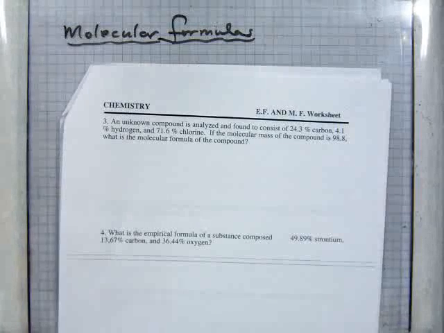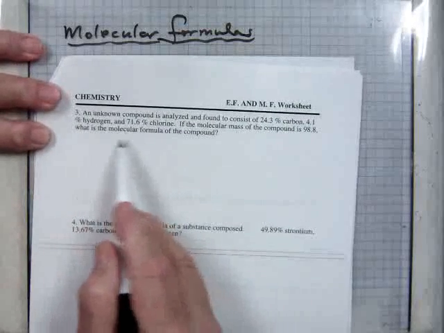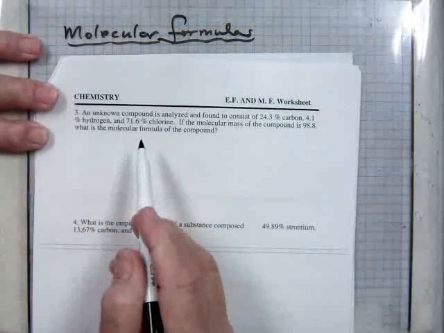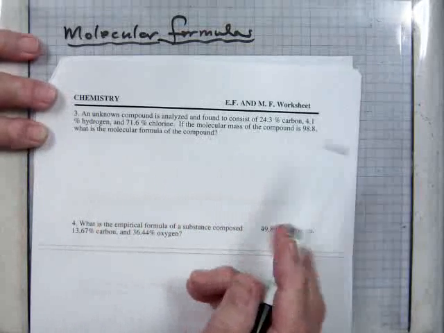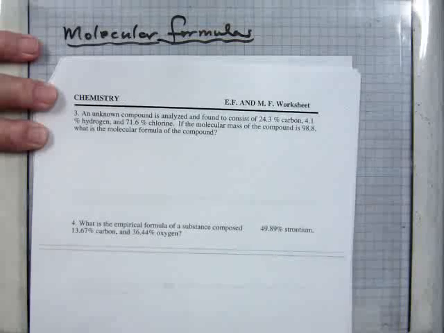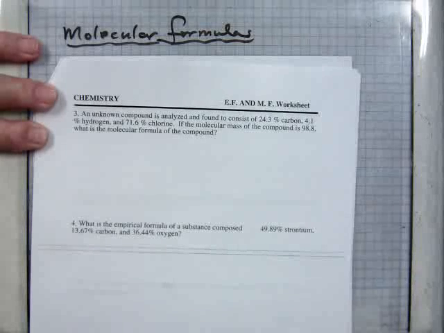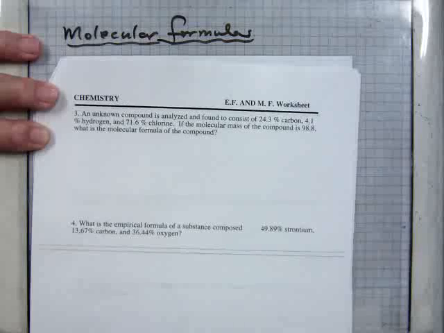Now here is a problem which asks you to determine the molecular formula, and it reads, an unknown compound is analyzed and found to consist of 24.3% carbon, 4.1% hydrogen, and 71.6% chlorine. If the molecular mass is 98.8, what's the molecular formula?